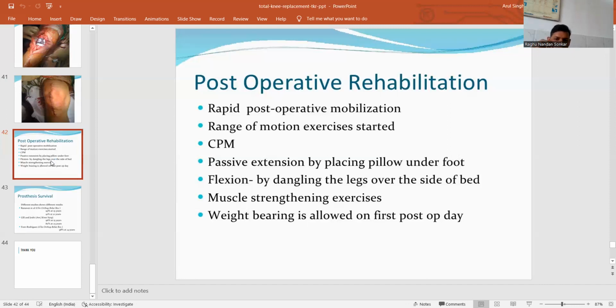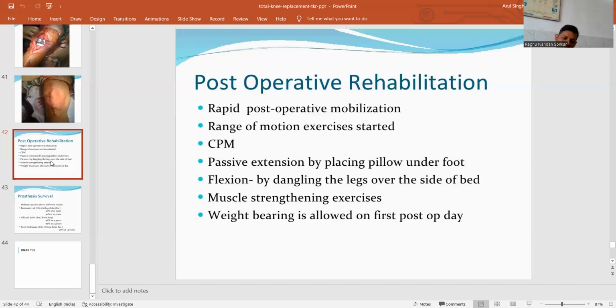Weight bearing is allowed on the first post-op day. So if you are confident in your surgery, your fixation, your implant technique, and your surgical skill, your patient can walk the very next day.